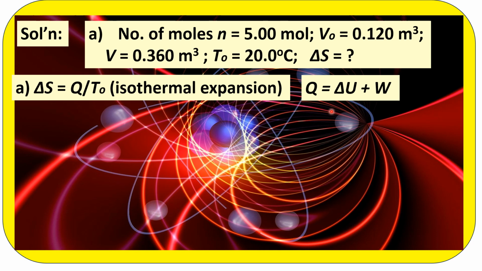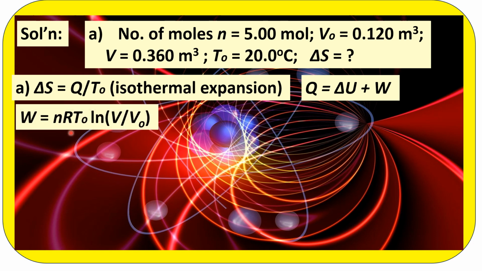But we will first calculate for the work done by the gas using the formula W equal to the number of moles, small n, multiplied by the gas constant, capital R, times the initial temperature T naught and the natural log of the ratio final volume divided by initial volume.